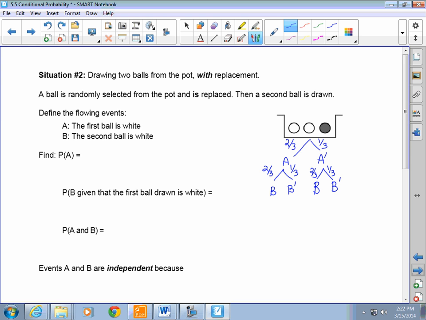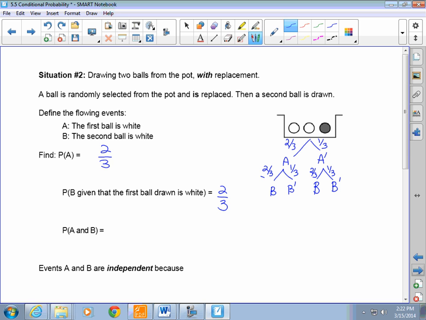So the probability of getting A, first ball is white, is 2/3. The probability that the second ball I draw is white, given that the first one was white, is, again, 2/3, because I put the ball back, so it doesn't affect it.